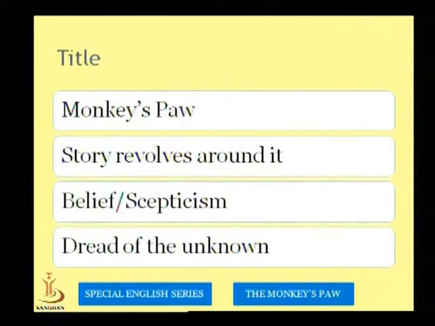We have here a family, a husband and wife, Mr. and Mrs. White, with their son Herbert. We have a visitor who has come from India, Sergeant Major Morris. And you have all the mystery, all the fear, all the dread of the unknown being created by that single item, the monkey's paw. The entire story revolves around it.